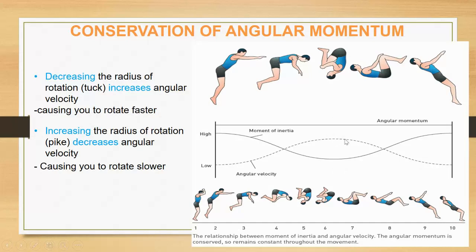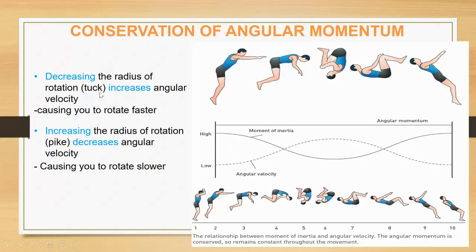And then that angular velocity starts to dip again when he starts to open up again because his moment of inertia has increased. And it finishes exactly where it starts, low, because his moment of inertia is high there. So you can see the relationship between moment of inertia and angular velocity in a diver.